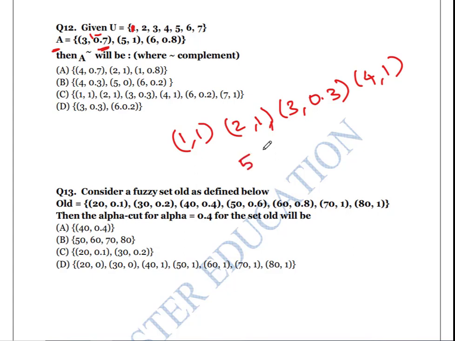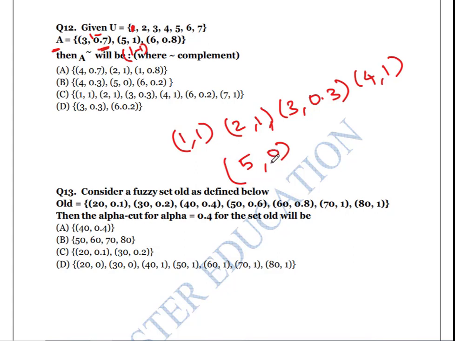If 5 is there in the set, you just subtract from 1. 1 minus 1, so for 5, 1 minus 1 is 0. And then 6, 1 minus 1 is 0.